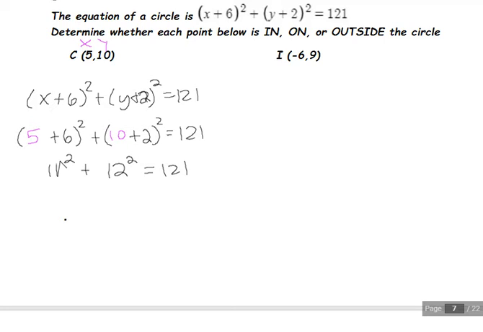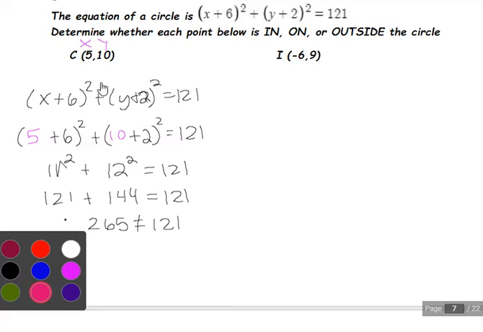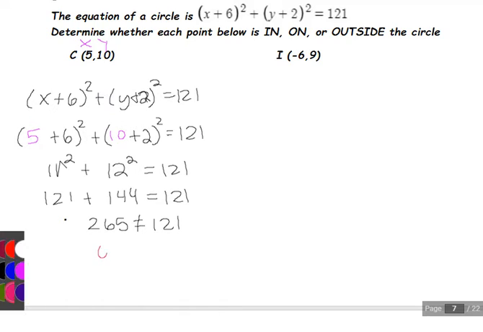Okay, so 11 squared by itself is 121. That's 144. So we can tell this is going to be on the outside. That's going to be 265. So 265 is not the same as 121. In fact, that means the distance between the center and the point C is going to be way larger than the radius of 11. And so this is going to be outside.